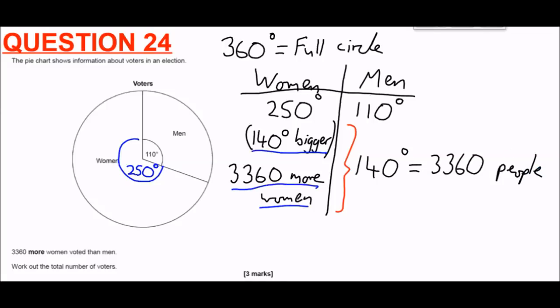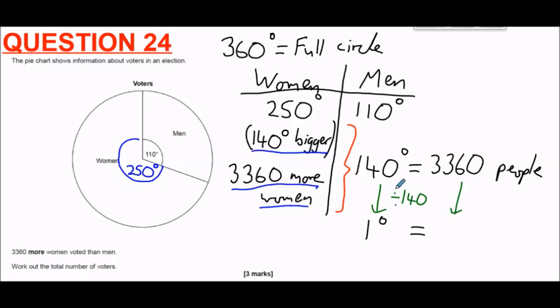So if 140 degrees is 3,360 people, what we could do is work out how much it would be for just 1 degree. To go from 140 degrees down to just 1 degree, we could divide by 140. Any number divided by itself gives 1.